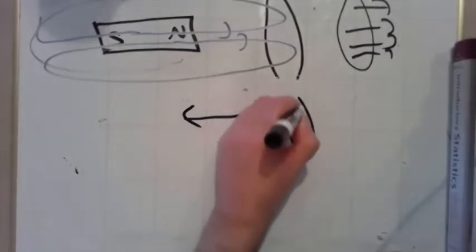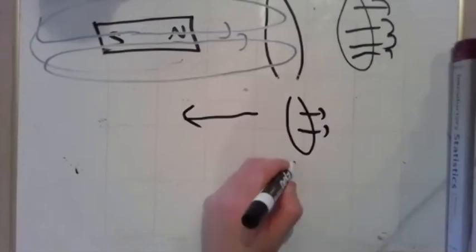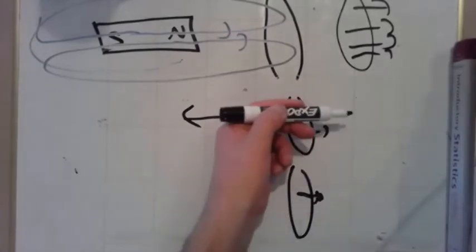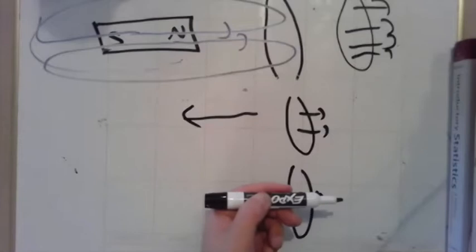What if I take my magnet here and I move it away? So now I started with a couple of lines coming out. As this magnet moves away, my flux density is going to go down. Now maybe I've only got one line coming through. So flux is pointing that way, but it's decreasing.